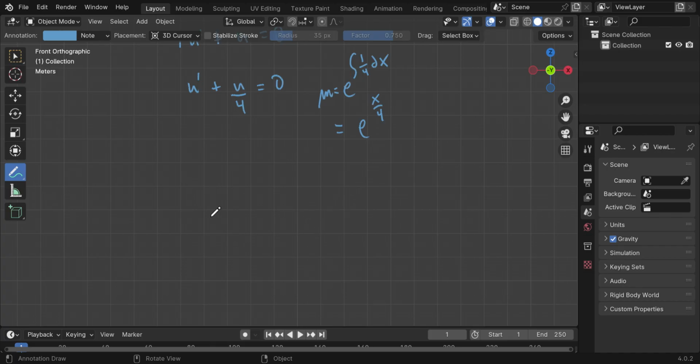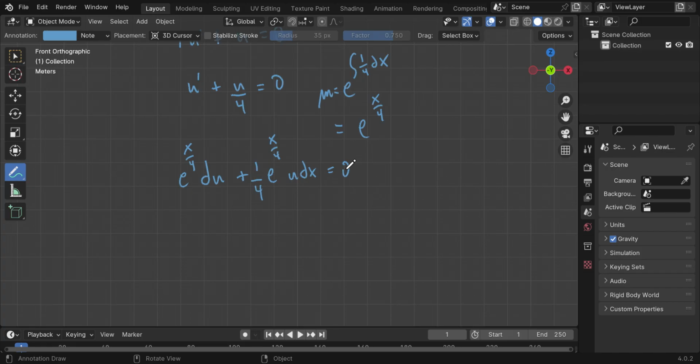So we have e to the x over 4 du plus 1/4 e to the x over 4 u dx equals 0.